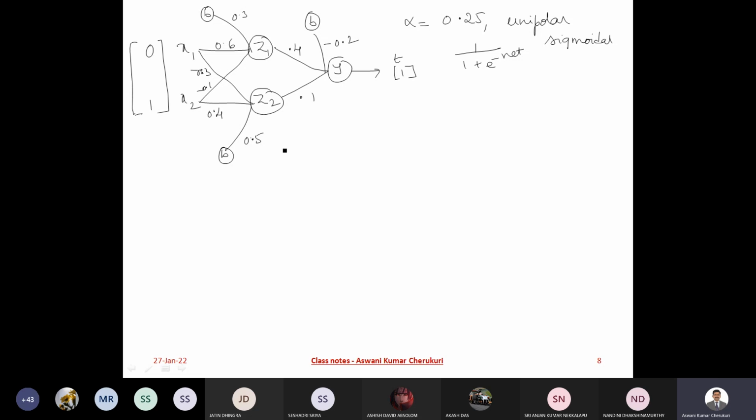Is the problem clear? Yes, sir. Remember, typically we do this for one iteration when solving it in class and also in the examination. But obviously when you write a program, you need to check the stopping condition.